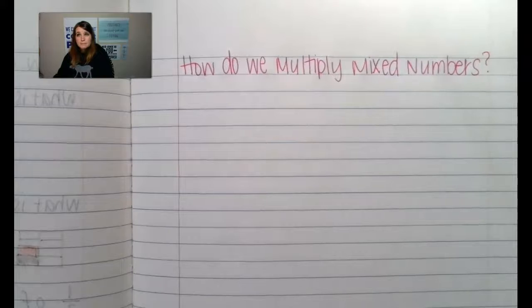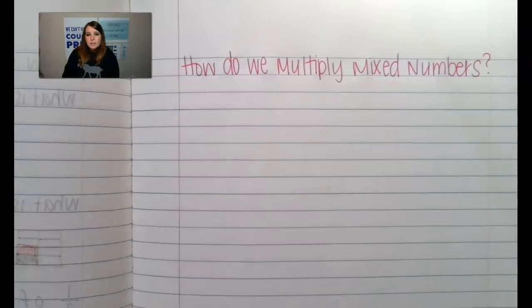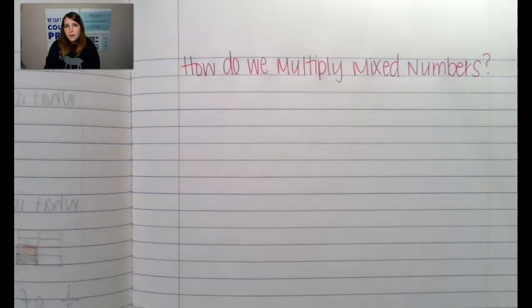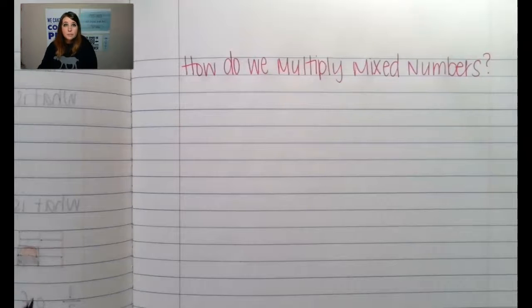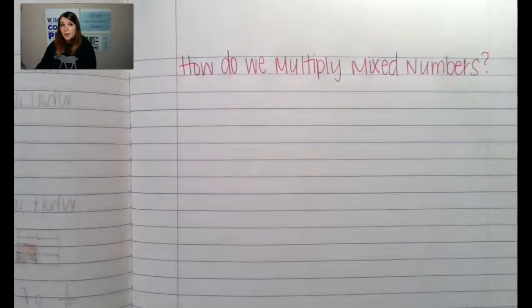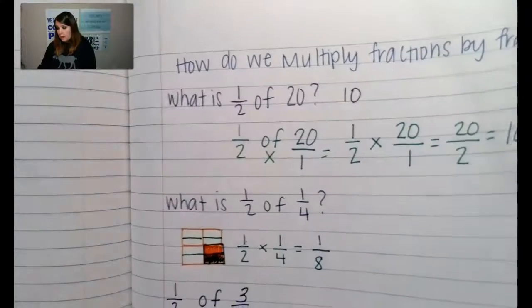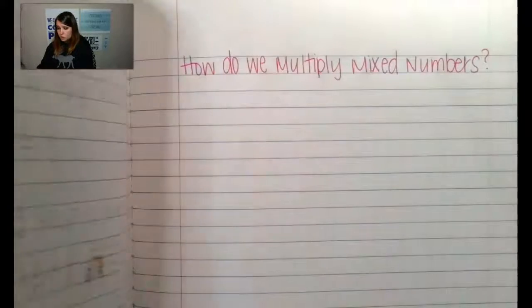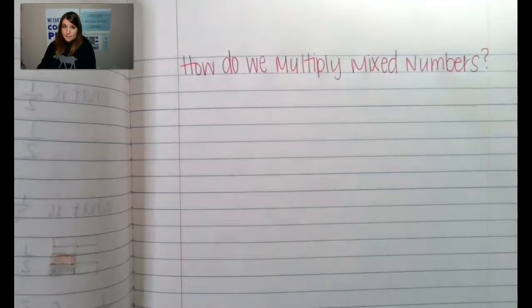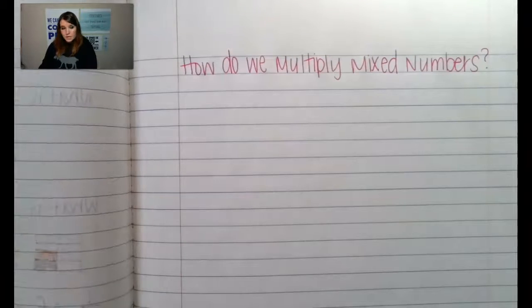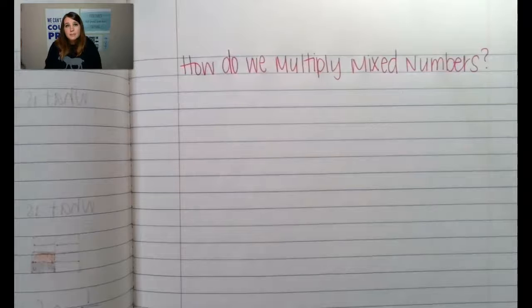How do we multiply mixed numbers? Well, let's think about first, what are mixed numbers? Let's think back to last week when we were looking at mixed numbers. What are mixed numbers? And if you don't remember, look back in your math journal.